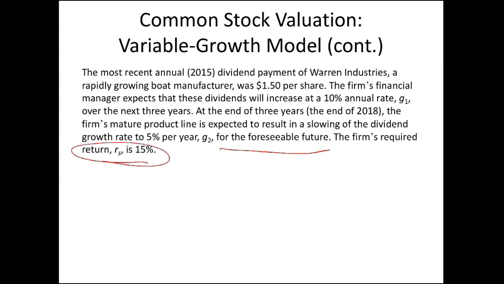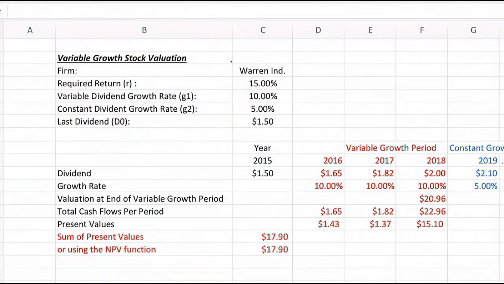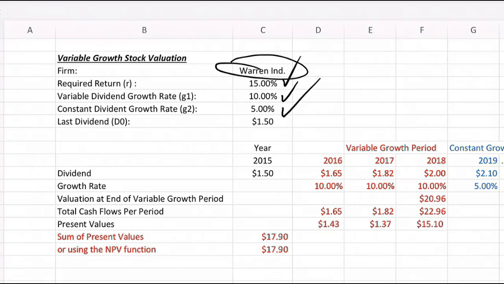So let's take a look at this in a spreadsheet. Alright, so Warren Industries, we have a required return of 15%. We have a variable dividend growth rate, that's that high growth rate period of 10%, and then our long-term constant growth rate of 5%, and our last dividend, D0, was $1.50. So in 2015, we had a dividend of $1.50.